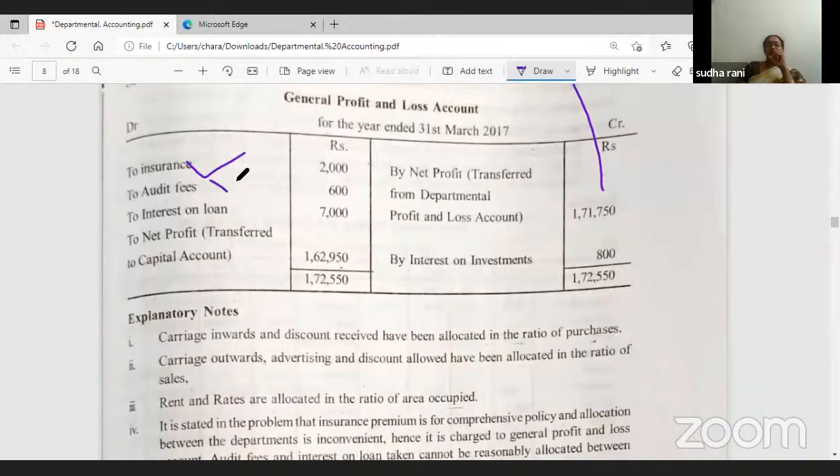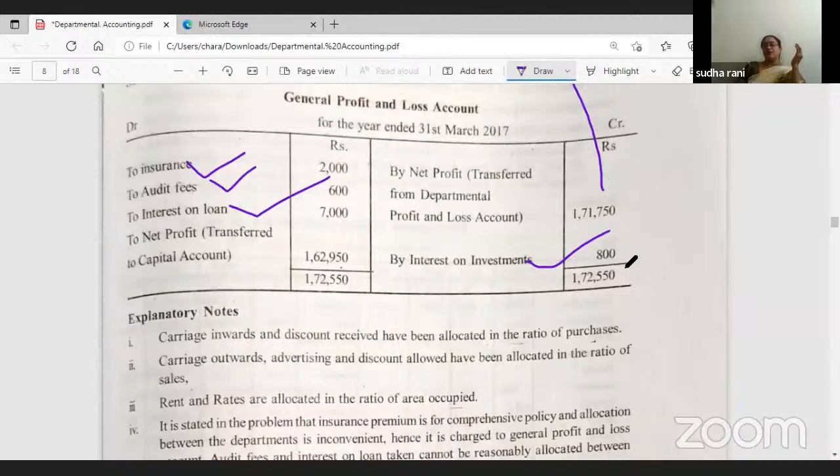Insurance, audit fees, interest on loan. These are expenses. But interest on investments is an income which cannot be apportioned, and it should be taken on the credit side. So all those expenses and incomes which cannot be apportioned, we took expenses on the debit side and incomes on the credit side. Now again find the difference.